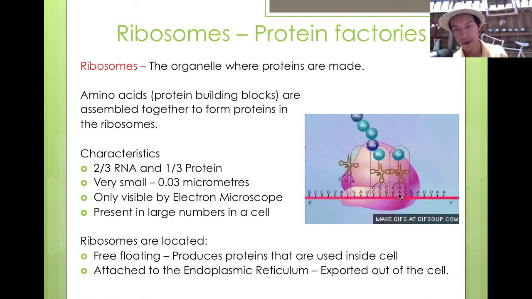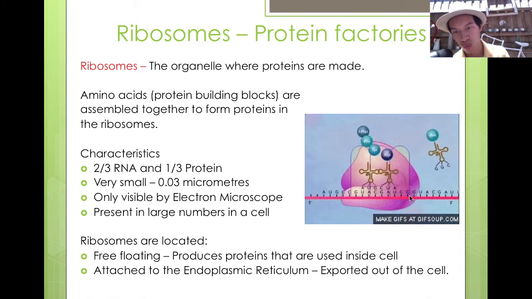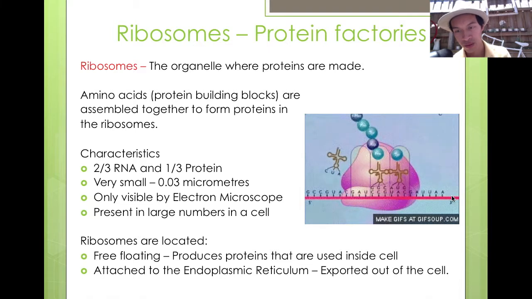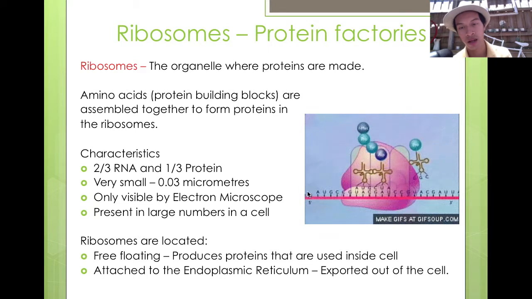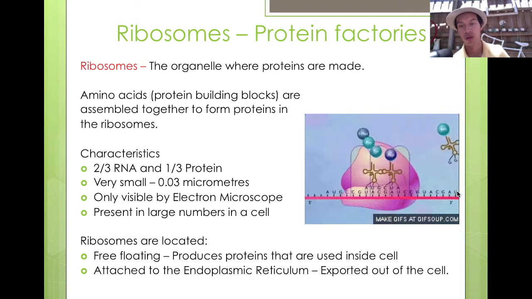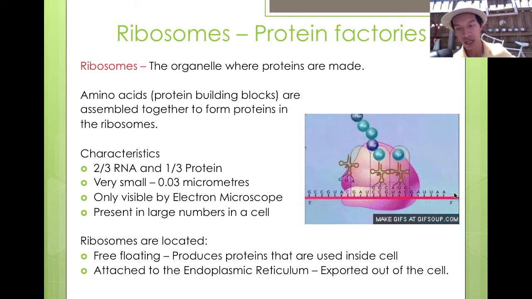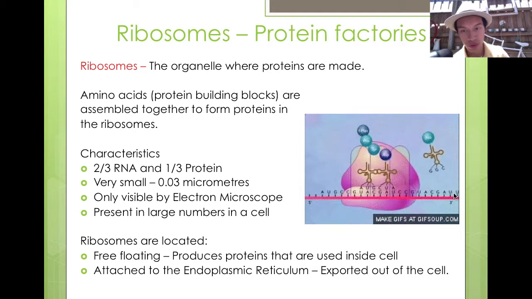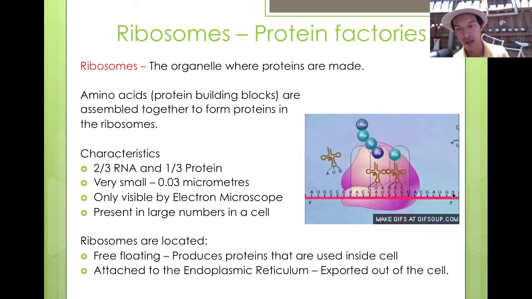What actually happens is, see this code that runs through the minor subunit like a conveyor belt? That is the RNA, the photocopy of the DNA from the nucleus. The DNA in the nucleus gets photocopied, or transcribed, into an RNA. That RNA leaves the nucleus, goes to the ribosome, and sits on this conveyor belt that travels across.